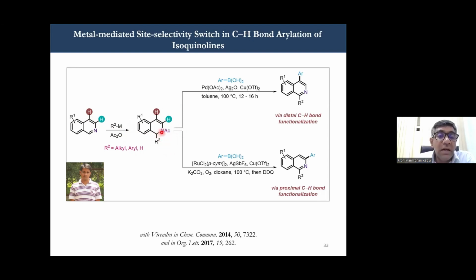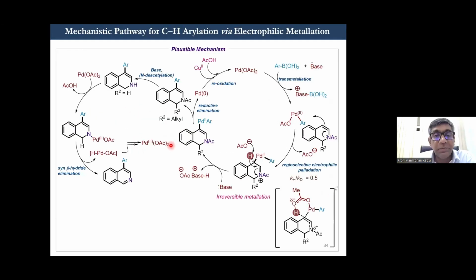So what we thought is that we can actually reduce one of the bonds or add a nucleophile to this particular bond to generate this dihydroisoquinoline species, which, using a distal CH activation, we can get arylated at the C4 position. When we use a proximal CH activation using the N-acetyl as a directing group, we can functionalize at the C3 position. So from a standard substrate, we can actually generate two different outcomes.